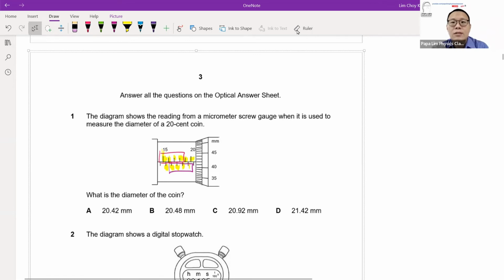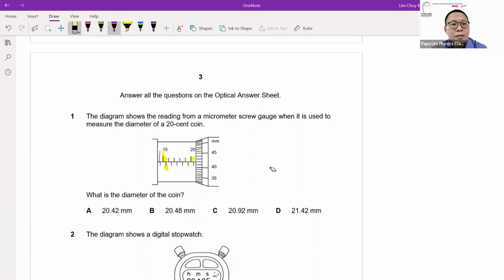This is the thing that we want students to always remember: take note of which line is the ones, which one is the 0.5. If you look at the value here in the picture, the value that is represented in the main scale would be 20.5.